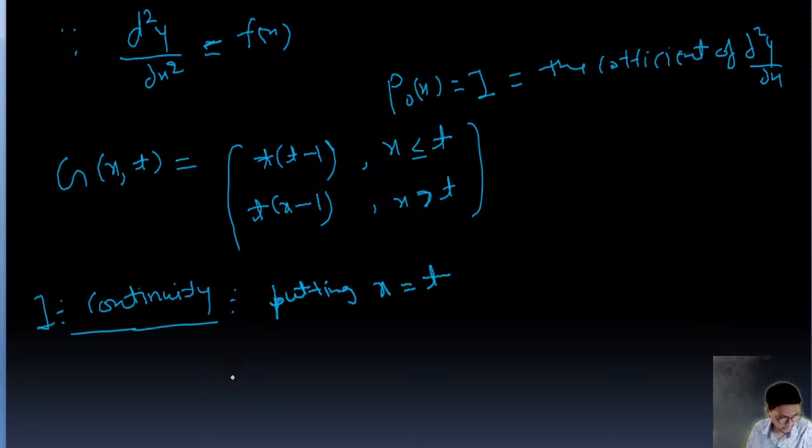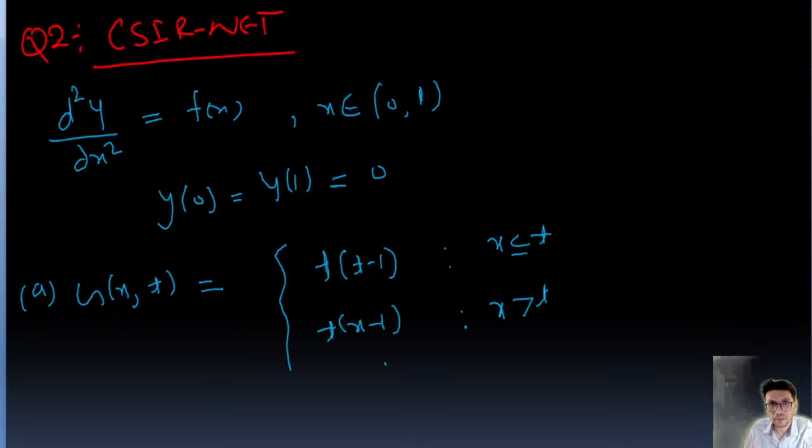Just wait, guys, let me just check. Continuity: we put x equal to t. So this is x, guys. We have made some mistake here. This is x.